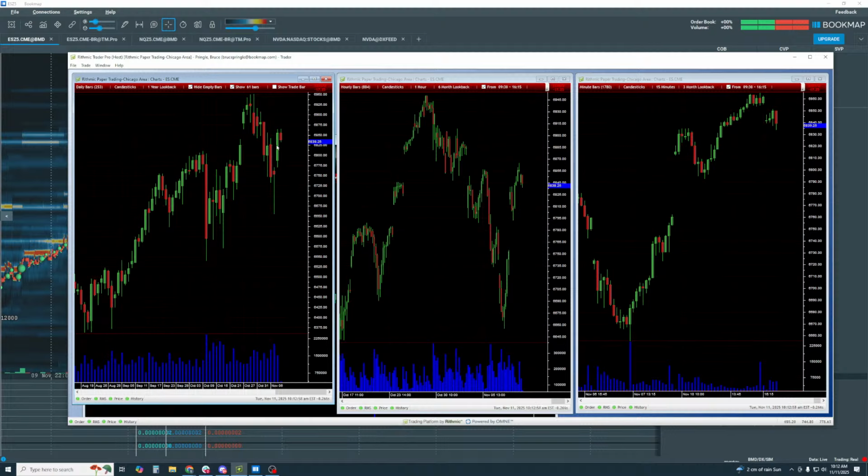We saw the shakeout during our session, and there's a lot of takeaways from that. Number one, bigger picture, we know that there is a period here between usually around 9:30 to 10 East Coast time. You get that big impulse move or the directional move.